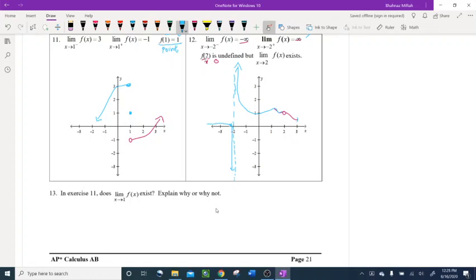So I can write up here: the limit x approaches 1 of g of x does not exist because the limit x approaches 1 from the right of g of x is not equal to the limit x approaches 1 from the left of g of x. So the limit doesn't exist because I don't have the same y value from left and right.